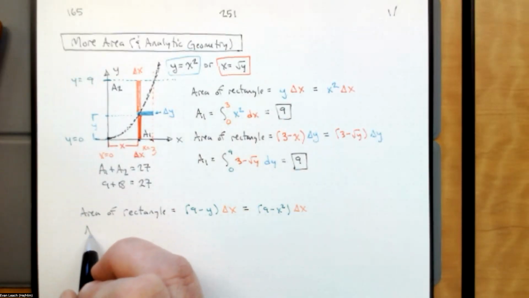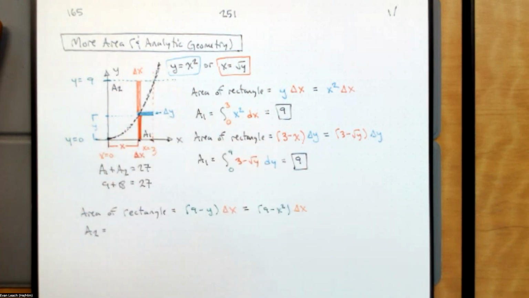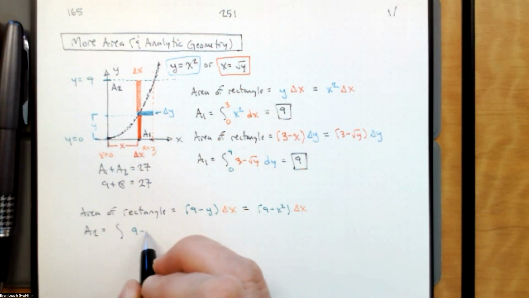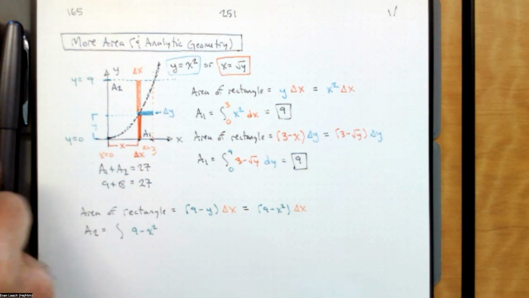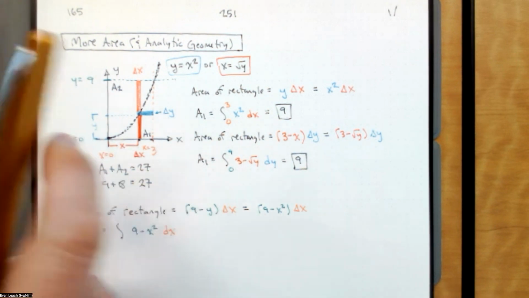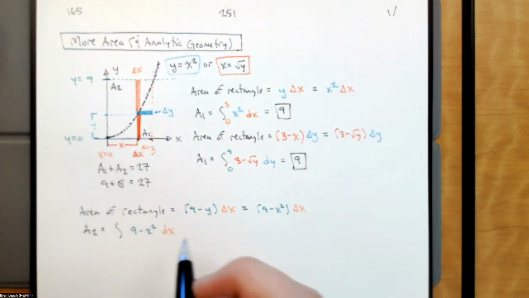So A2, that's the region where that little rectangle sits, is going to be the integral of 9 minus x squared, the delta x becomes dx in the continuous sum. And then I integrate over all the values of x that are in play, and the x's go from 0 to 3.